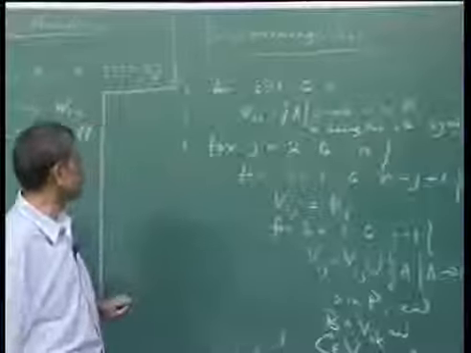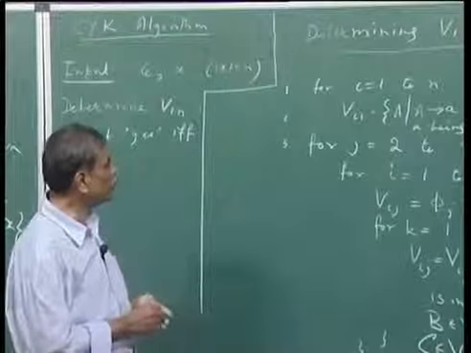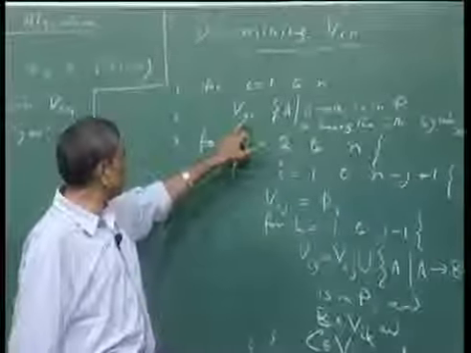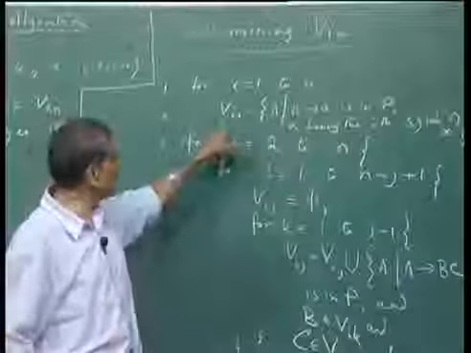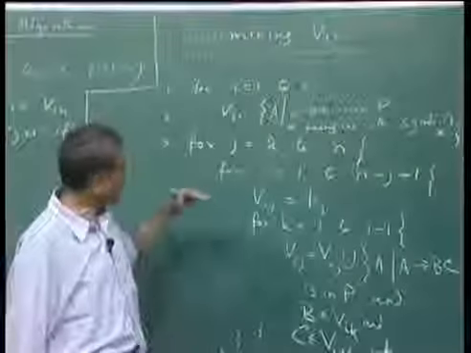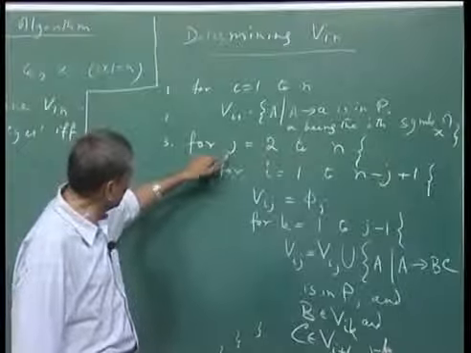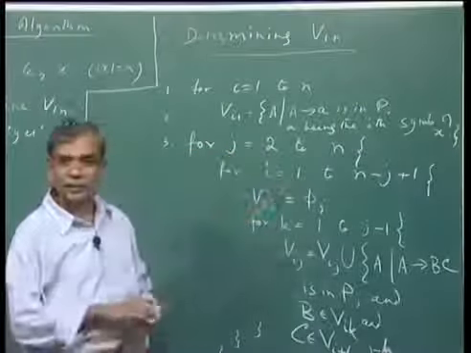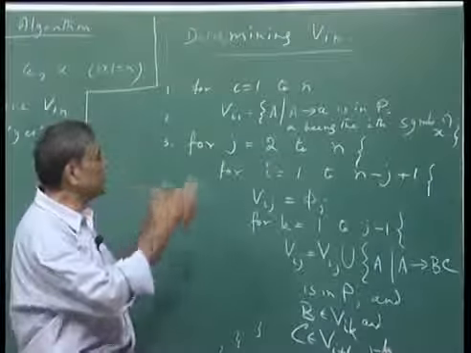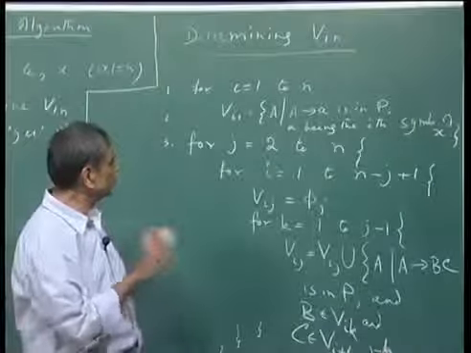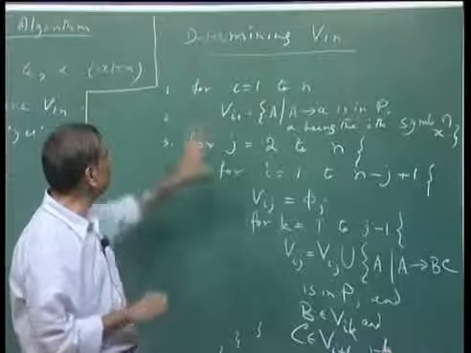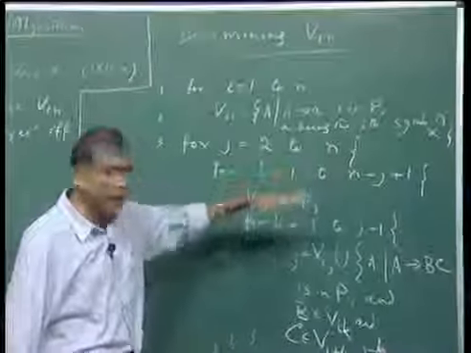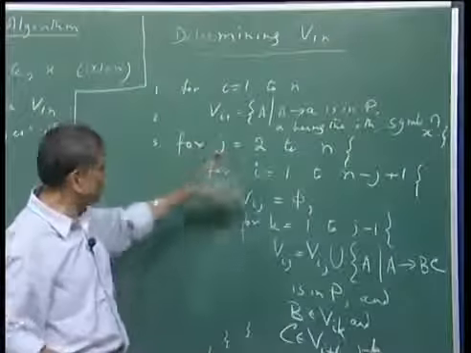This is quite clear. So we have determined all the length 1 sets, and then j will vary from 2 to n. The bigger lengths are what we consider now, since length 1 is already taken care of.